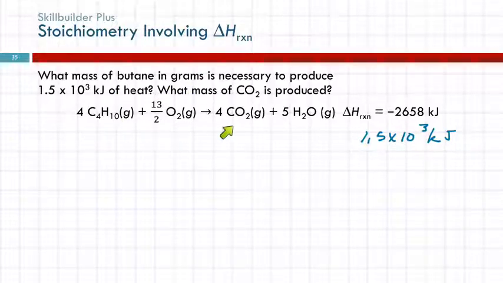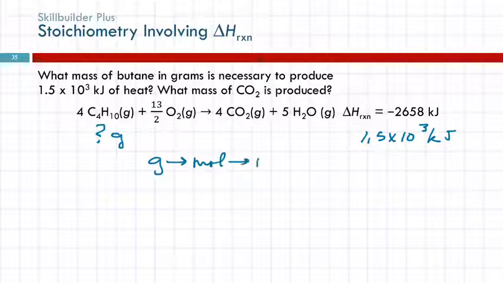So we should be able to figure out by process of elimination, if nothing else, that this is the butane. That's oxygen, that's carbon dioxide, that's water, so this must be the butane. So question mark, grams. So again, normal path is grams to moles to grams. But we're going to switch it up a little different this time.